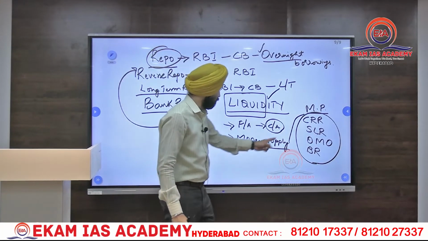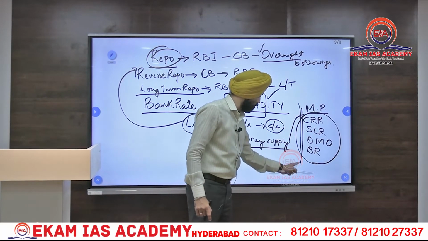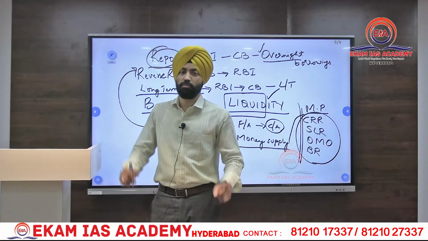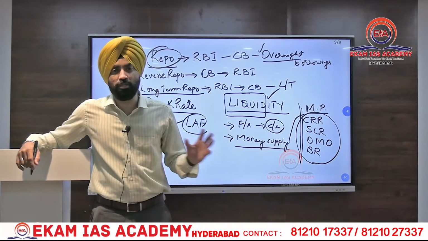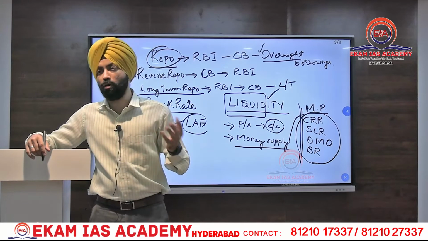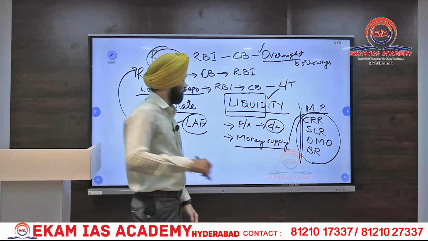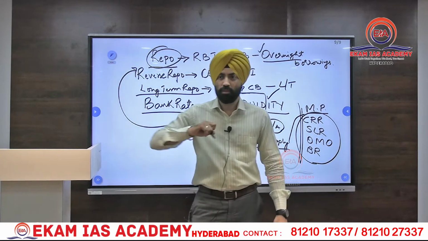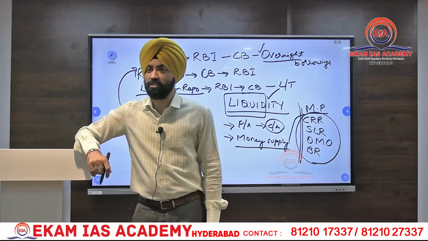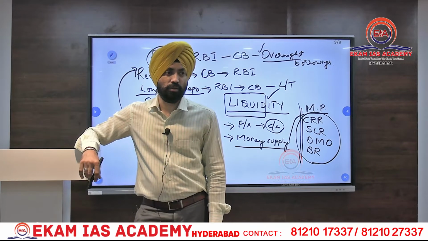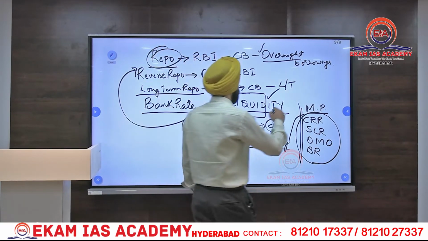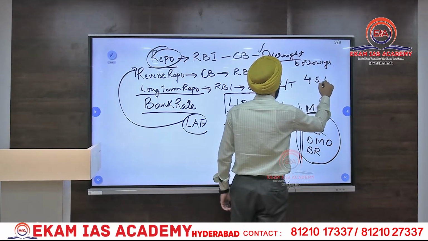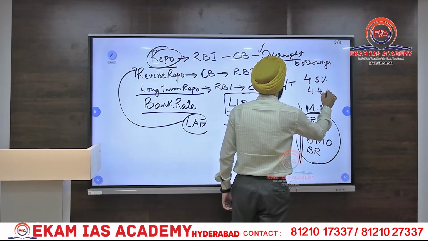So these are the important tools that the RBI is actually using as part of its monetary policy to control the inflow or outflow of money. Recently, what was increased? CRR. CRR कितना किया अभी बैंक ने? 4.5%. And the repo 4.